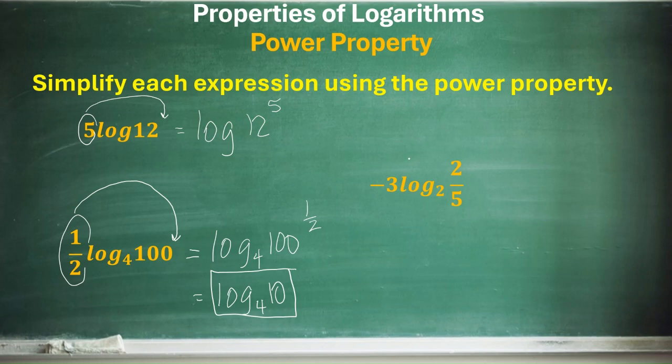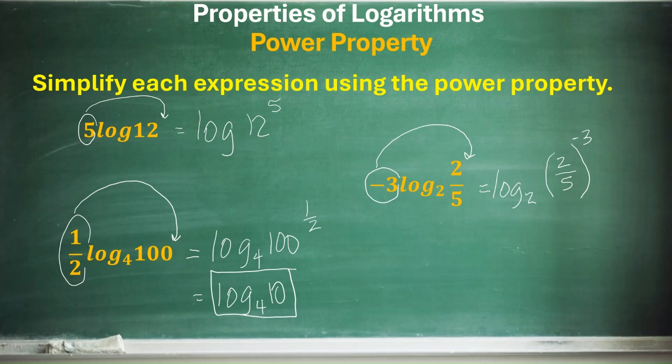Okay. And then I have in my next example a -3. You can do this with negatives too. So here I'm going to apply my power of -3, but there's a catch. This is applying to the entire fraction, not just to the 2. To make sure that everybody knows that, and I remember that if I'm solving a long problem, I'm going to put parentheses around this and raise the whole thing to the -3.